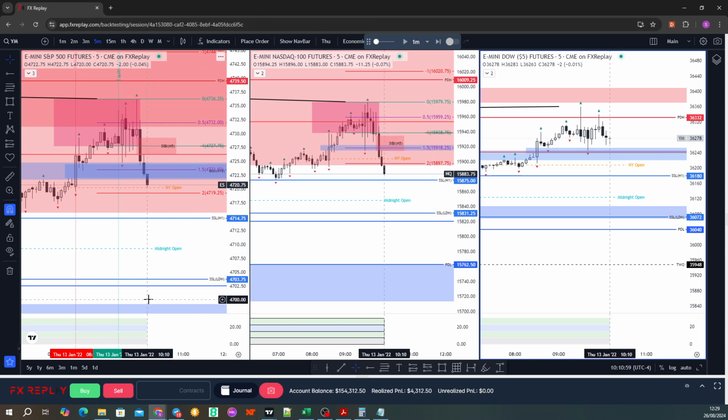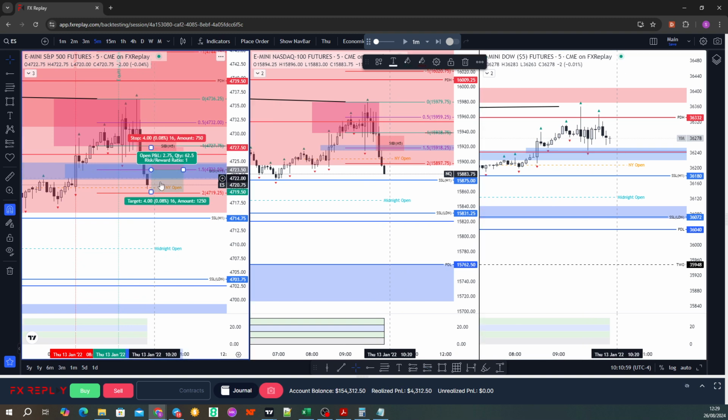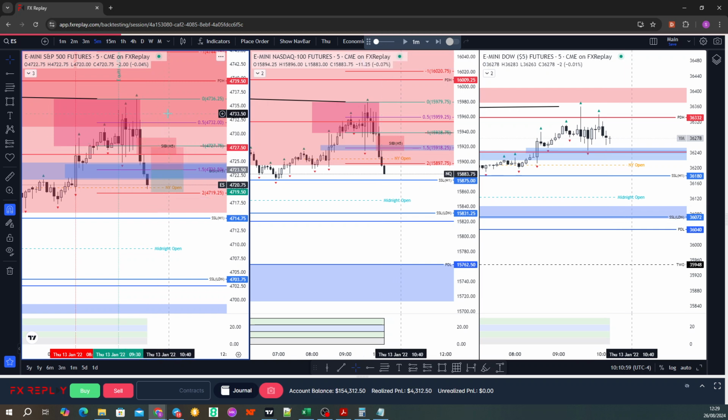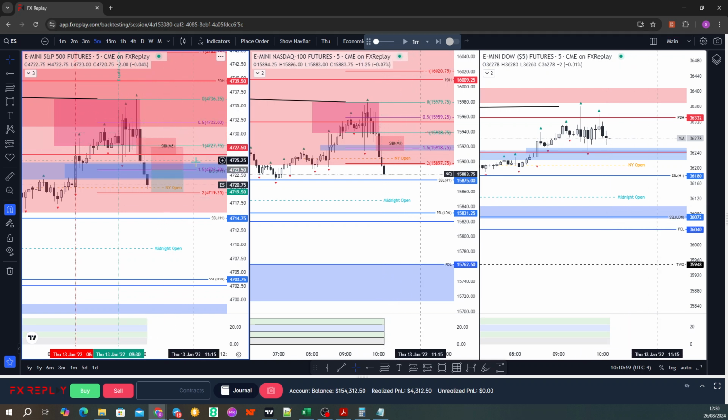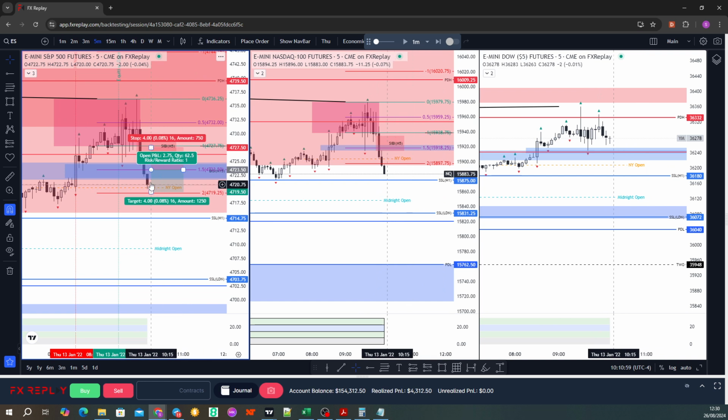So as much as I'd have liked that key level. Potential fair value gap in here.